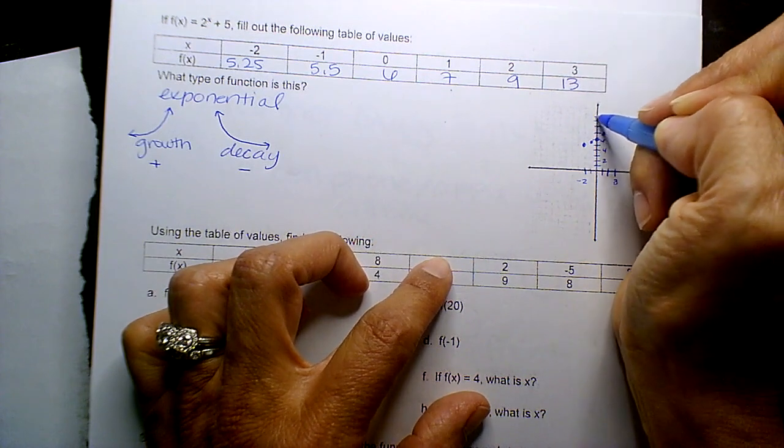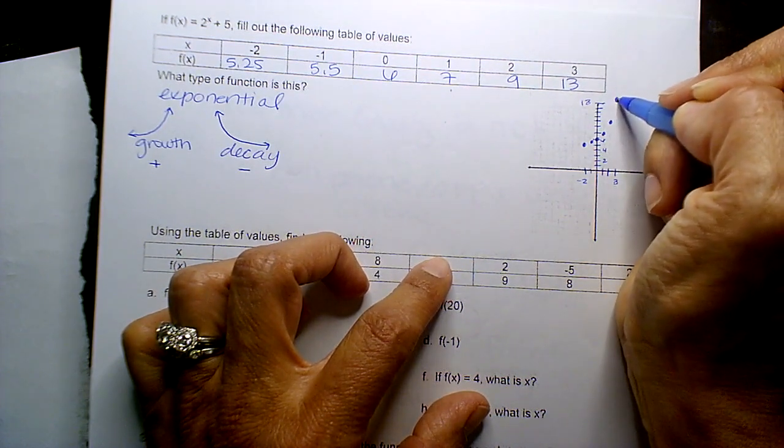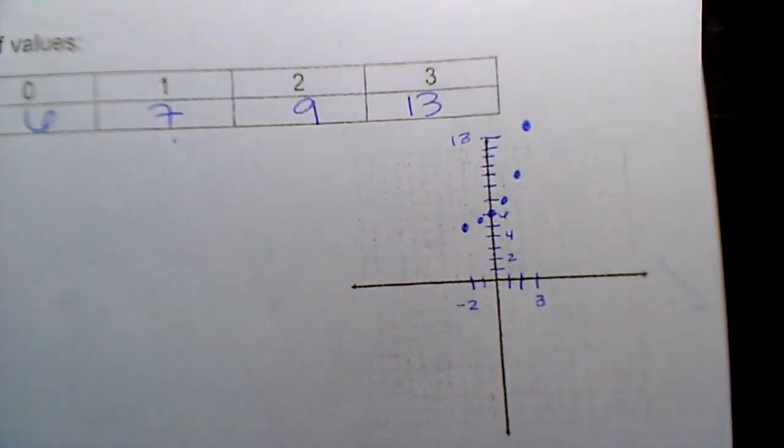What would I say? 9, 10, 11, 12, 13? Okay, teeny tiny dots, but right?